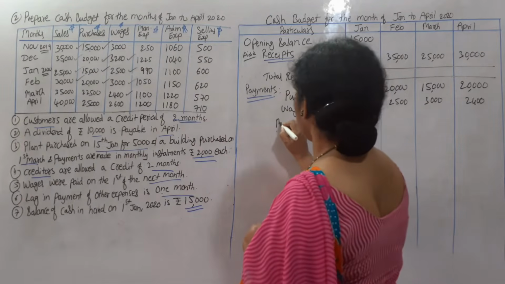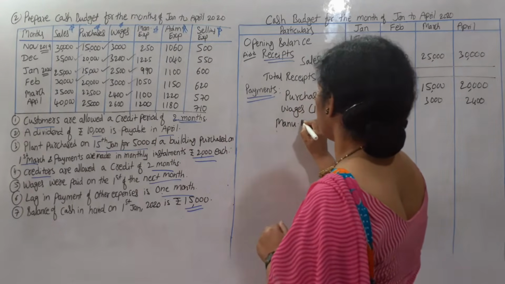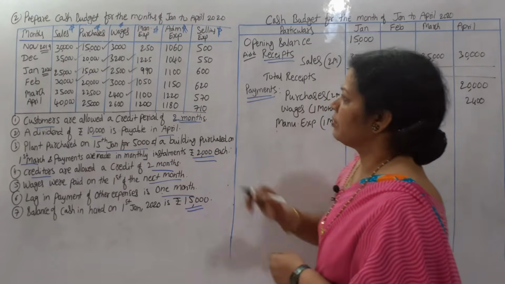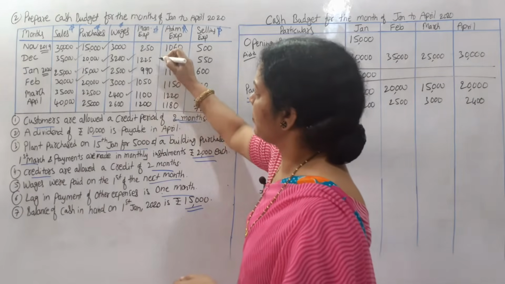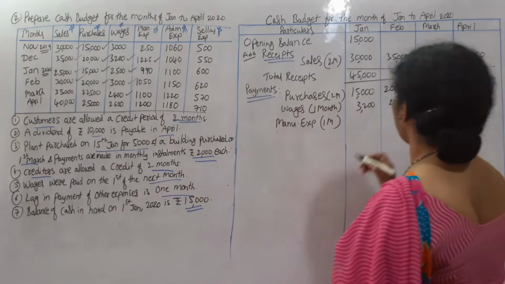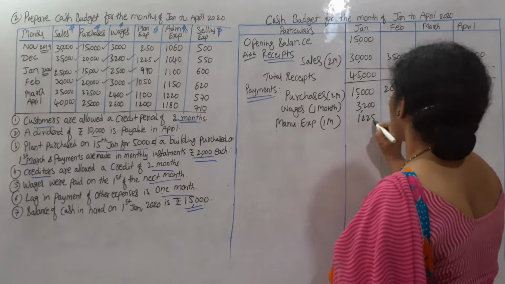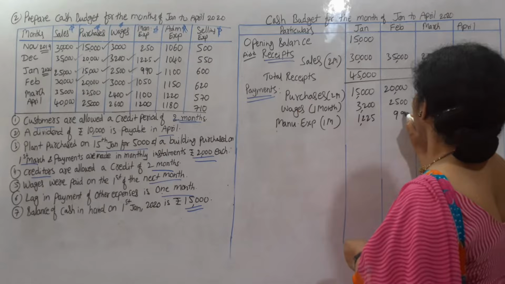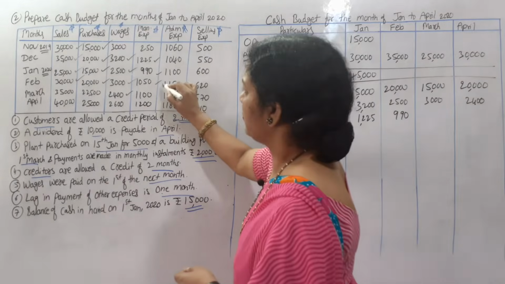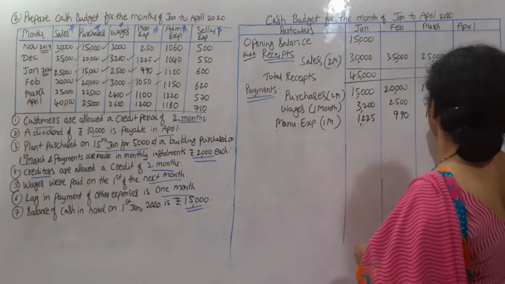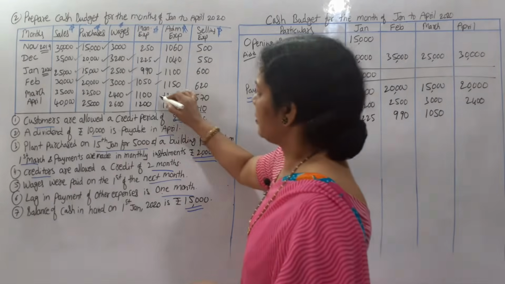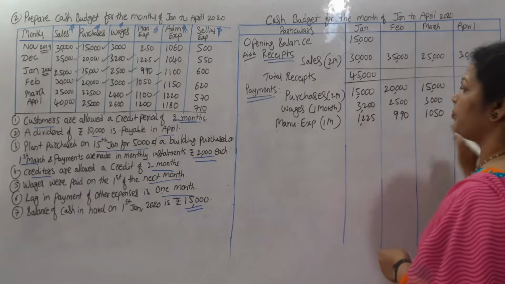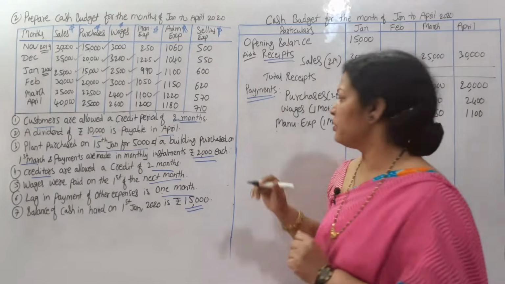So now manufacturing expenses, 1 month delay. January will take December month 1225, then 990, 1050, and 1100. 1 month delay. After manufacturing expenses, administrative expenses.